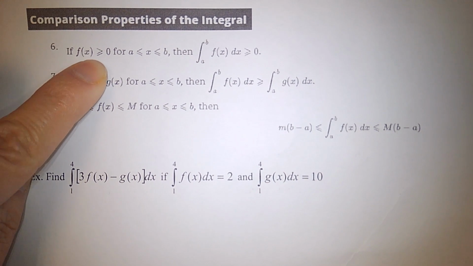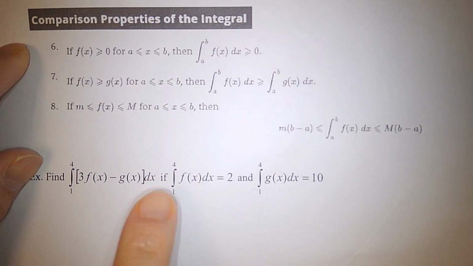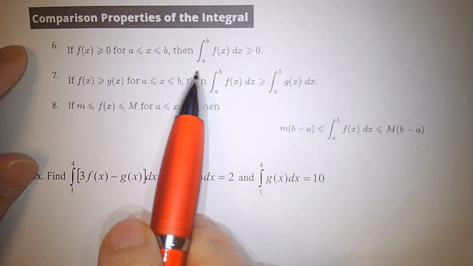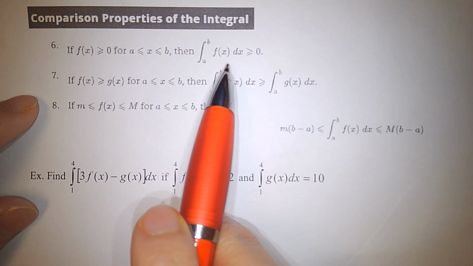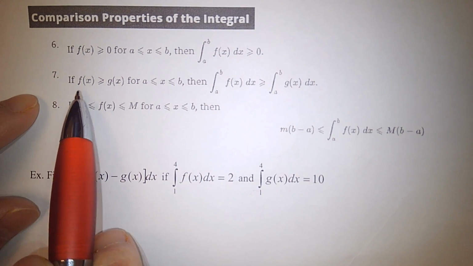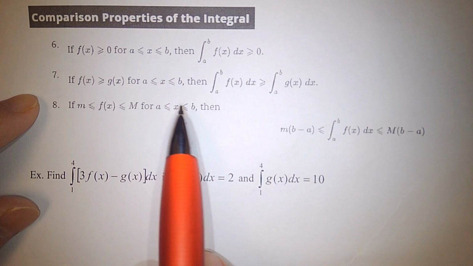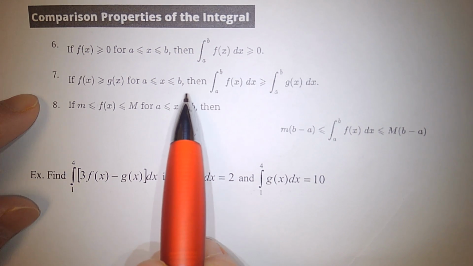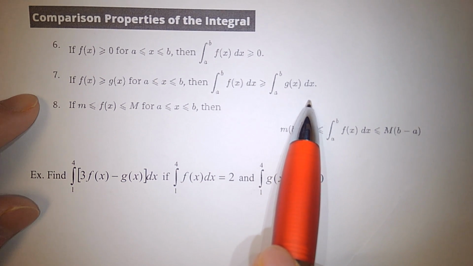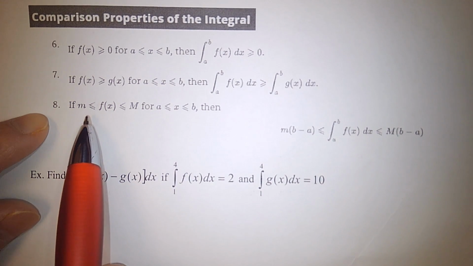If f of x is greater than or equal to 0, for a less than or equal to x less than or equal to b, then the integral from a to b of f of x dx is greater than or equal to 0. If f of x is greater than or equal to g of x, for a less than or equal to x less than or equal to b, then the integral from a to b of f of x dx is greater than or equal to the integral from a to b of g of x dx.